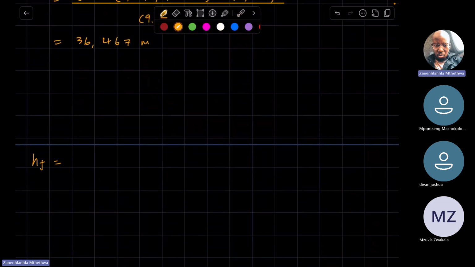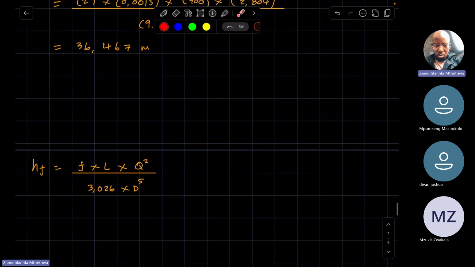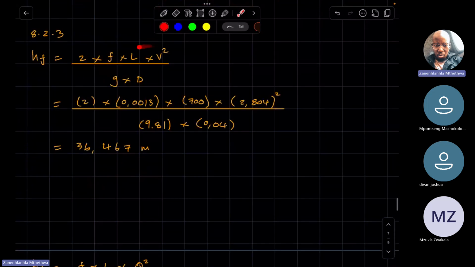So that one will be F times L times Q squared divided by 3.026 times D to the 5. So for HF, you either use this variation or this variation. You are going to get the same thing.